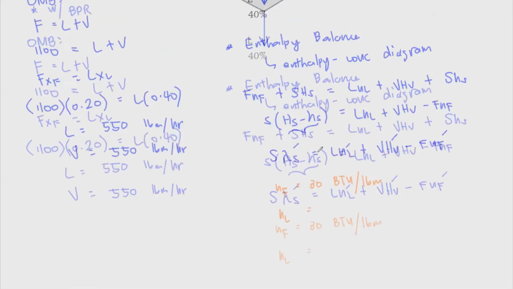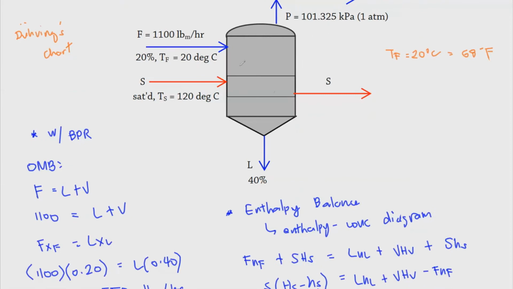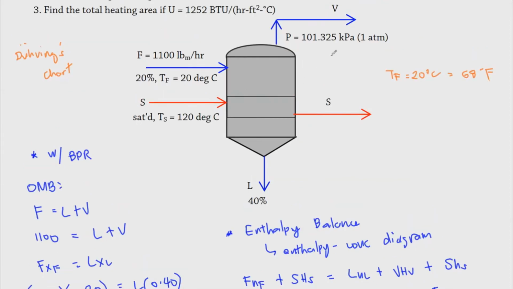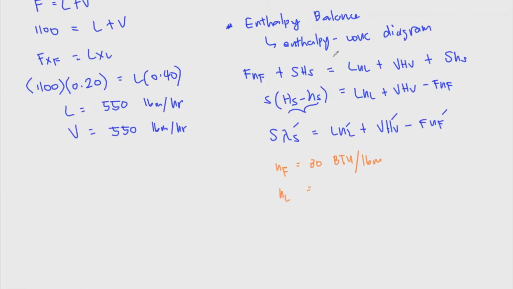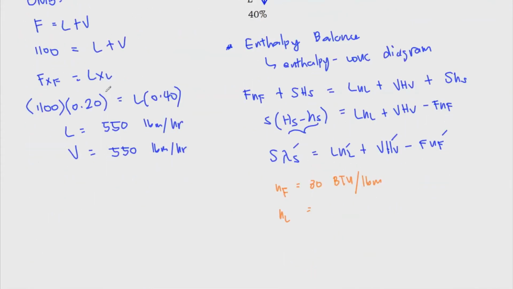Okay. In this case, we're not given any solution temperature because that's what we're looking for, but we're given the operating pressure, and the operating pressure gives us the vapor chest temperature. So P is equal to 101.325 kilopascal, and that's simply 1 atm.